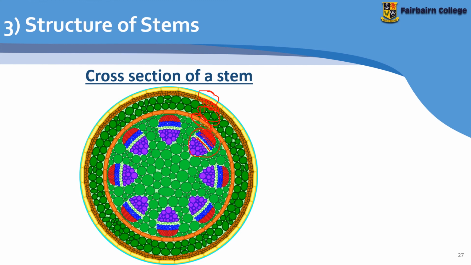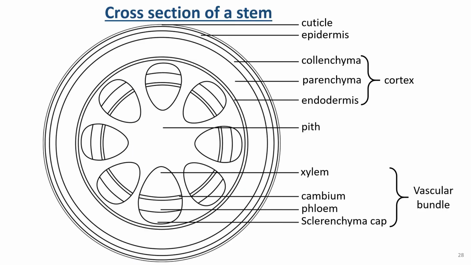So study this in conjunction with the notes, and understand why all of these types of tissues are important inside of the stem. And then this is just the diagram that you have in your notes. So again, make sure you know the labels, but make sure you can identify these structures regardless of the specific diagram that you get.